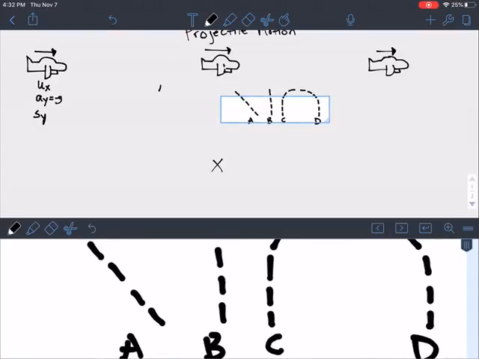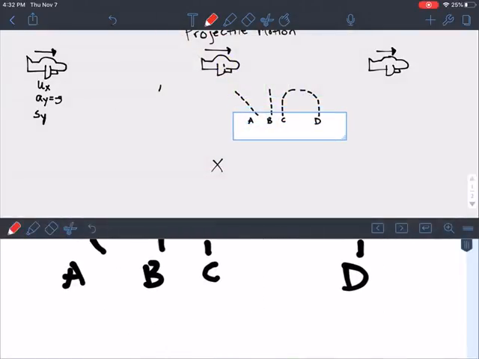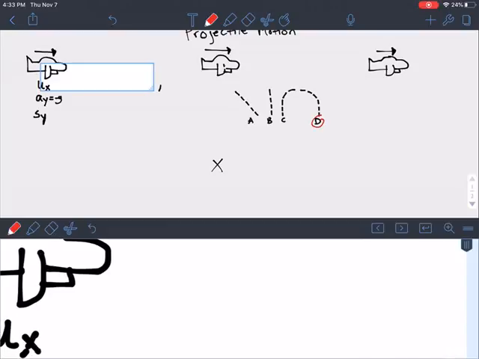It ends up being option D. So knowing that's the path that it would take, where should we let the box go? Well, it ends up being from the plane from the left.